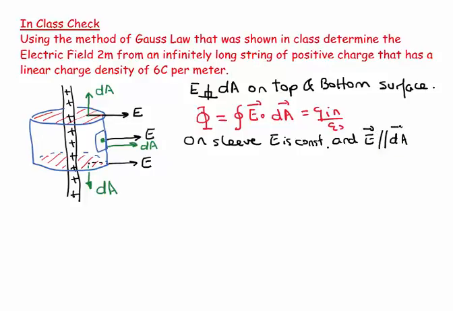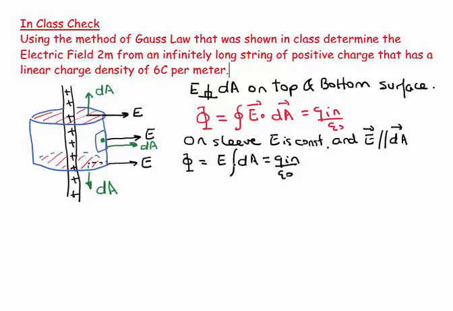When I expand E dot dA, it becomes E times dA times the cosine of theta. By being parallel, theta is 0, so it becomes simply the magnitude of E times the magnitude of dA. So I can justify this next step: flux is equal to E, taking E to the front, times the integral of dA, which equals Q enclosed over epsilon naught.